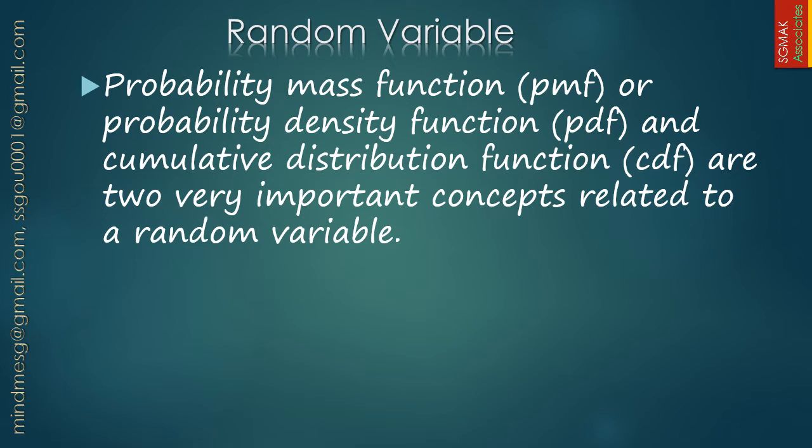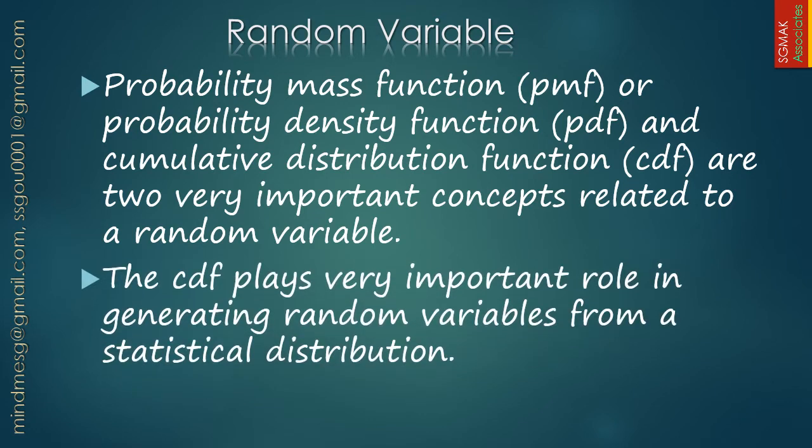So it's very important to understand the difference between a probability mass function or density function and the cumulative distribution function of a random variable. The cumulative distribution function plays a very important role if you have to generate random variable from a specific distribution. So if you later on take a course in simulation, you'll be using that a lot.